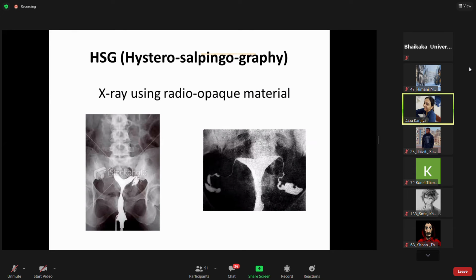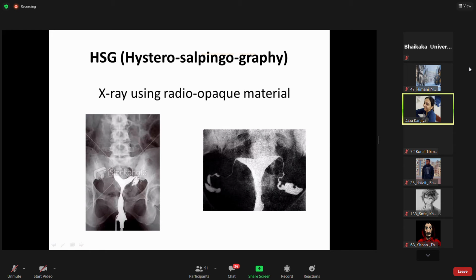What is done in this radiological procedure? A cannula is inserted through the vagina into the uterine cavity, and then we inject the radio-opaque dye or radio-opaque material, and then an X-ray is taken. The dye fills the uterine cavity, passes through the uterine tube, and spills out into the peritoneal cavity.